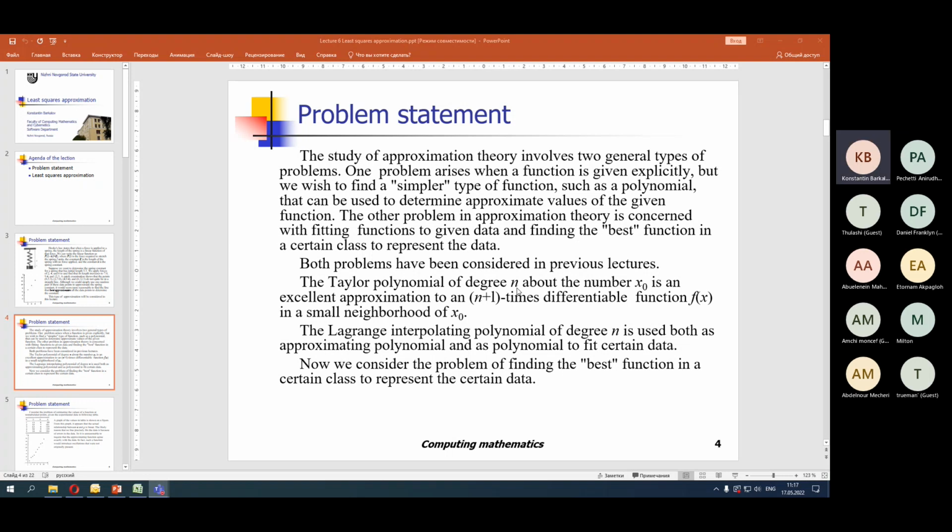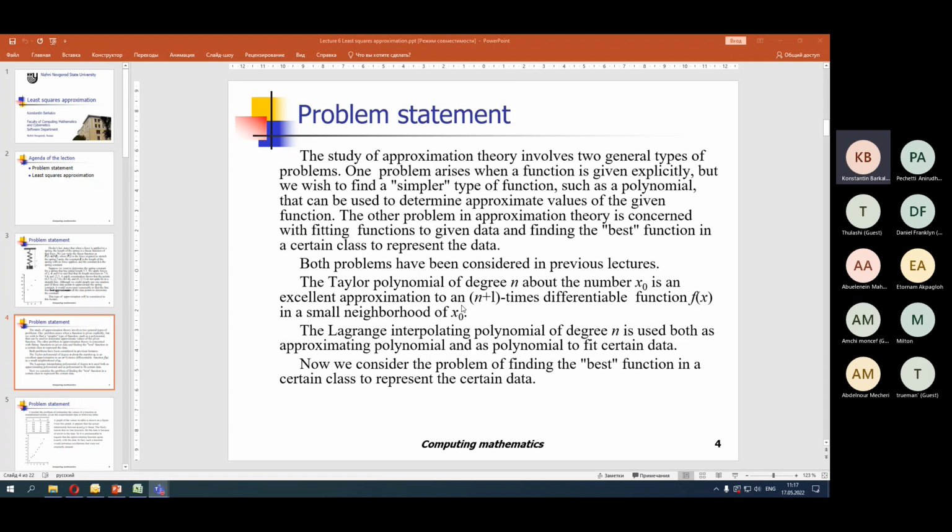To derive such formulas, we take some point x0 and write a Taylor series, and we take several first terms from this series, and we consider this polynomial as an approximation to the function f of x in some small neighborhood of the point x0.